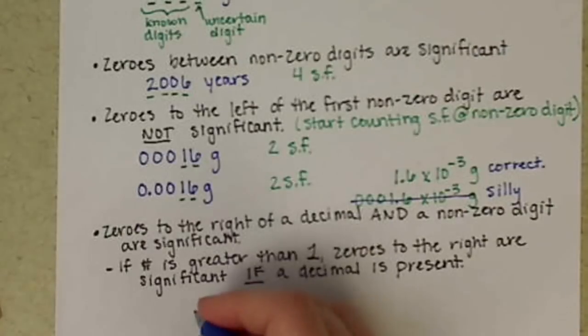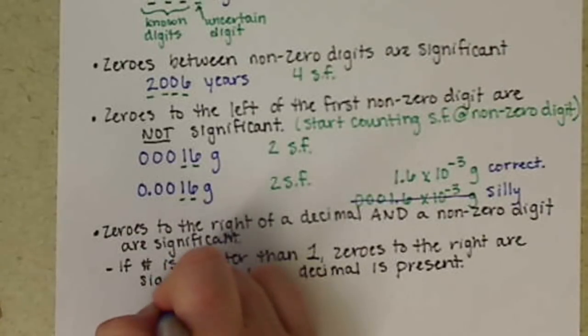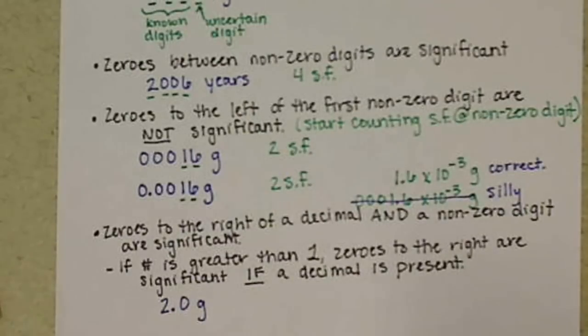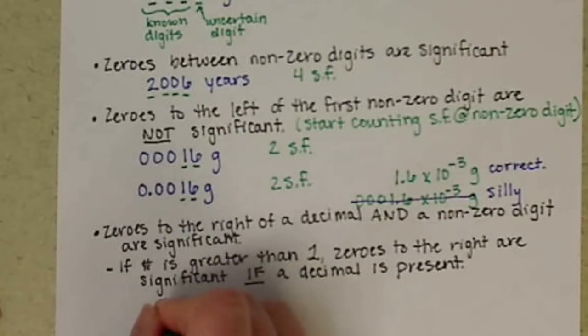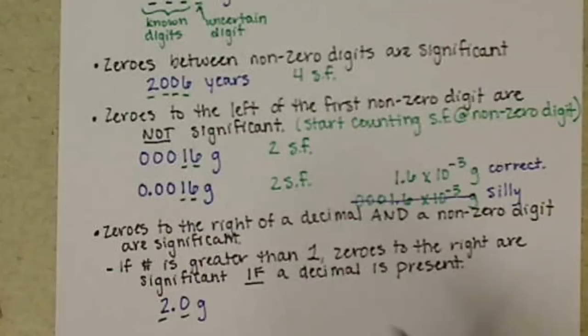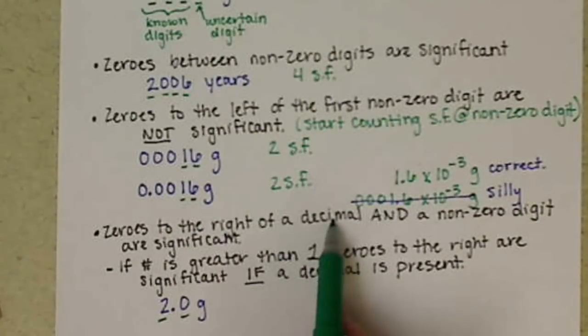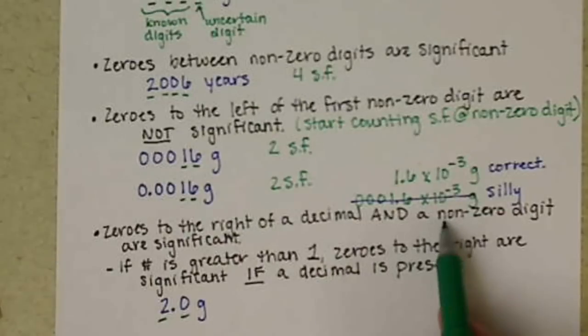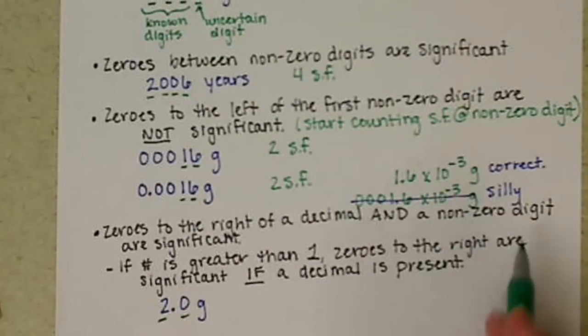So if we look at an example here, if we have 2.0 grams, the 2 is significant because it's non-zero, and the 0 is also significant because it comes to the right of a decimal and it's to the right of a non-zero digit.